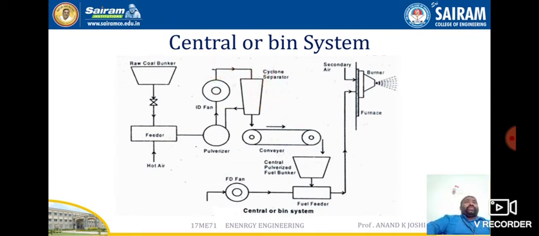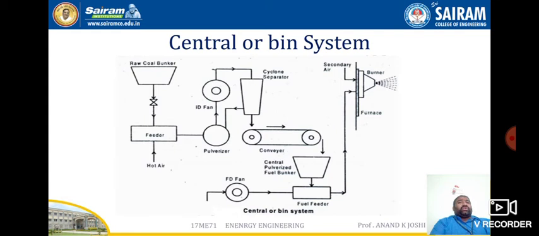So what happens? It is separated by the cyclone separator, and the oversized coal is fed back to the mill. The pulverized coal is then transferred from the separator to the central bunker, which we call the bin, through a conveyor system. The pressurized air from the forced draft fan supplies the stored coal to the burner.